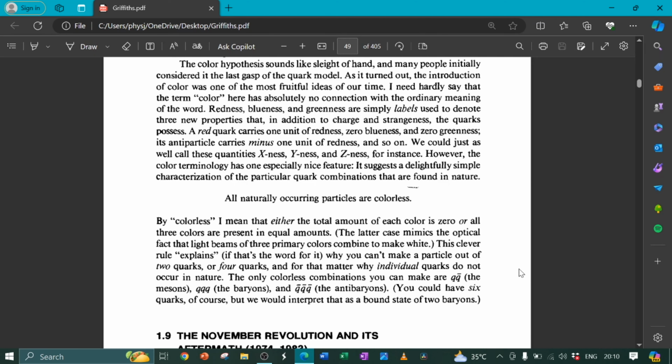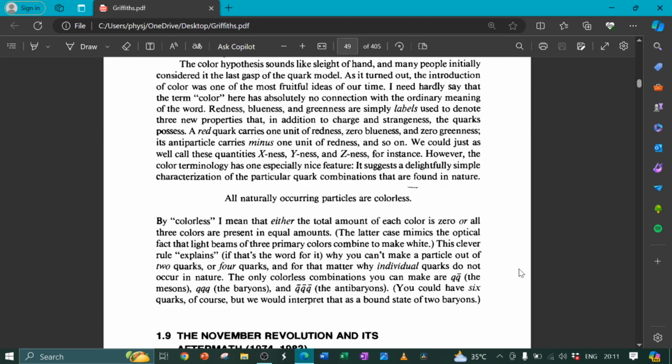The latter case mimics the optical fact that light beams of 3 primary colors combine to make white. This clever rule explains, if that's the word for it, why you can't make a particle out of 2 quarks or 4 quarks, and for that matter, why individual quarks do not occur in nature.